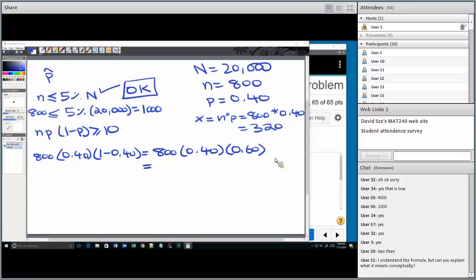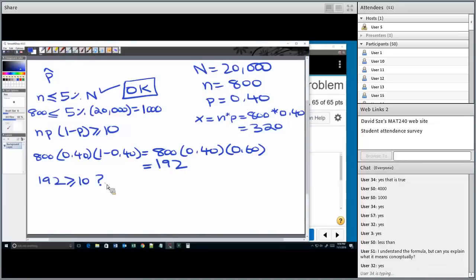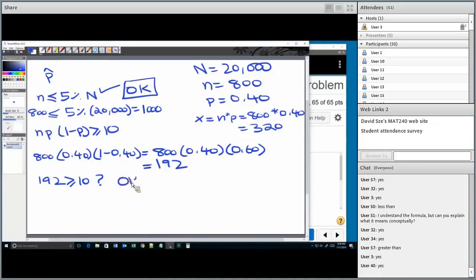Okay, so 192. And the question is, this whole thing, 192, is this left side. So is 192 greater than or equal to 10? Is that true? Yes, it is. So this is also okay.